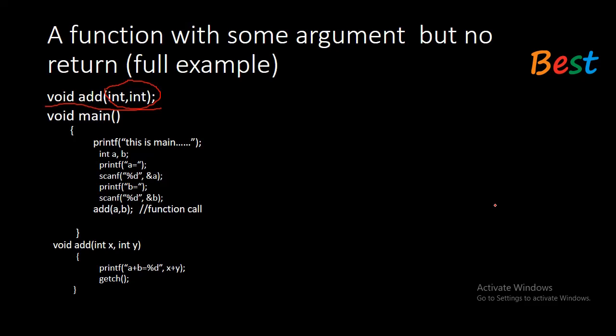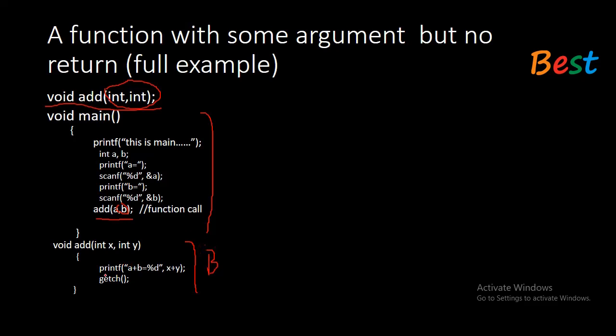Now I create the main function, and in this section I call the function with some arguments. Arguments are a and b, as we see, and now I create the body of the function.